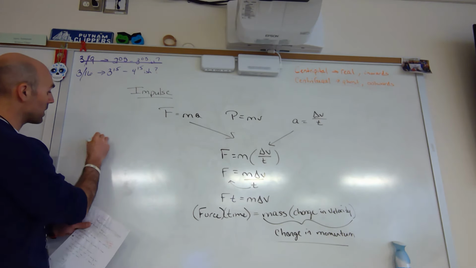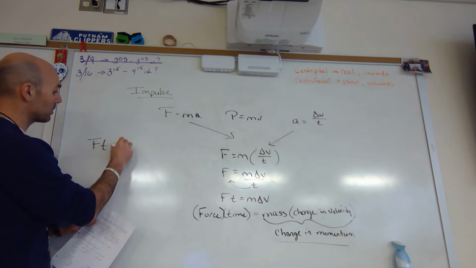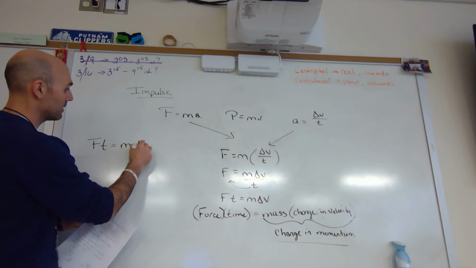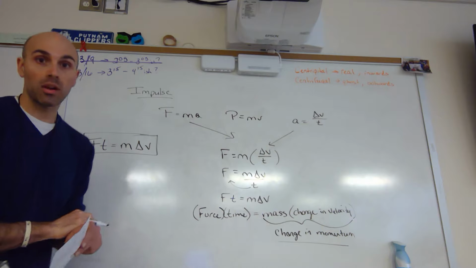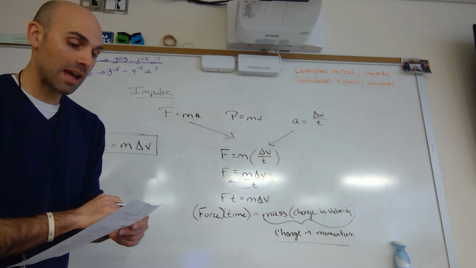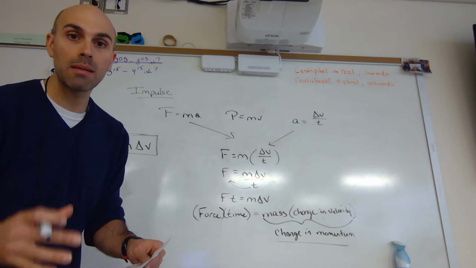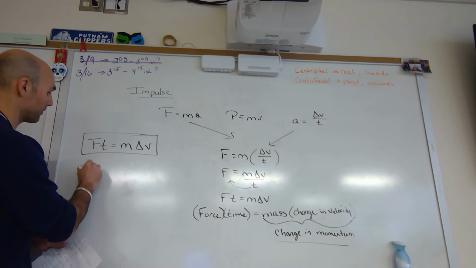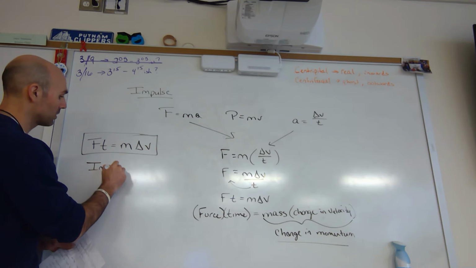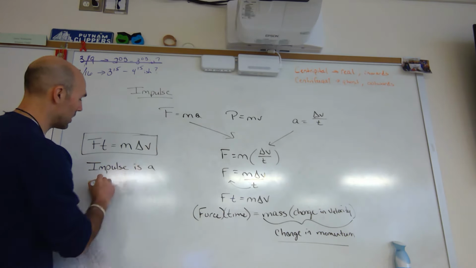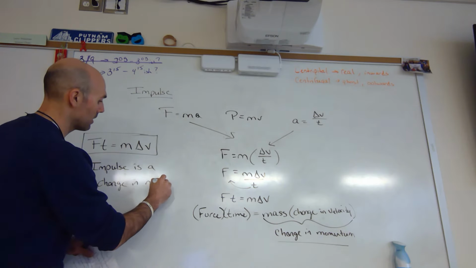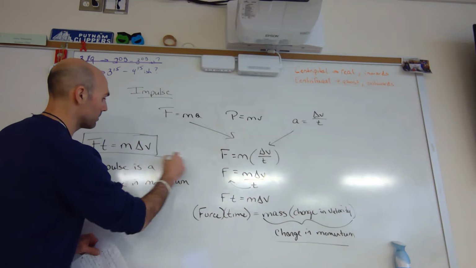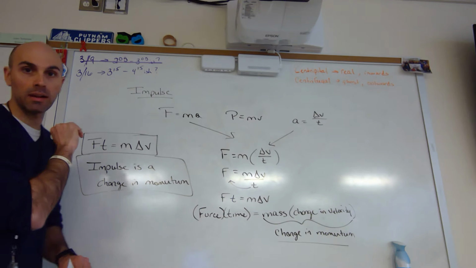Here's our first big equation, F times t equals m delta v. That right there is our first major equation, and that tells us what impulse is. Impulse is a change in momentum. Impulse is a change in momentum. Right there.